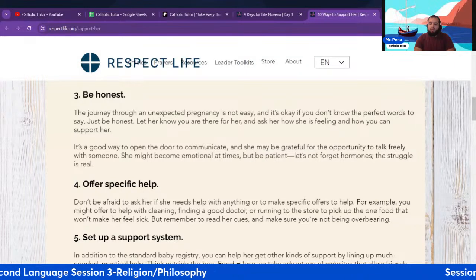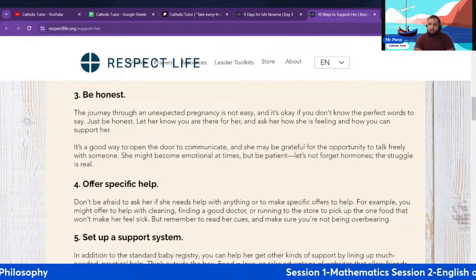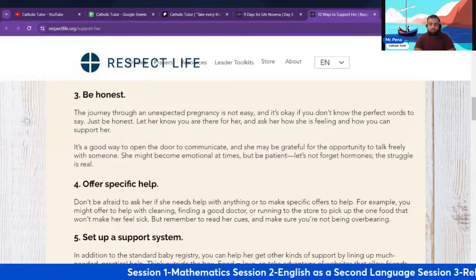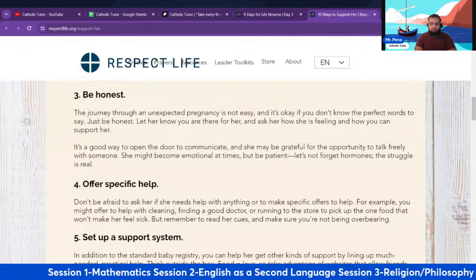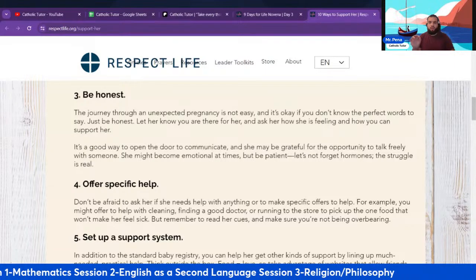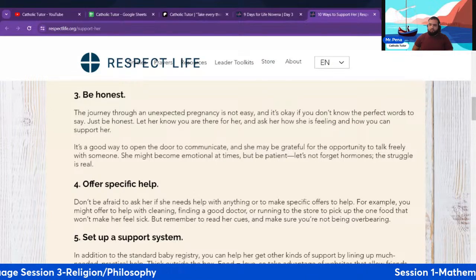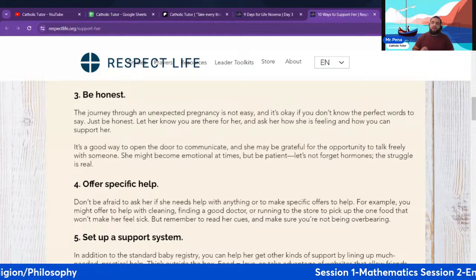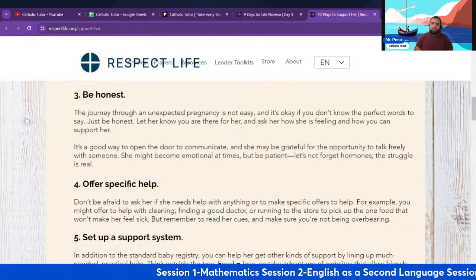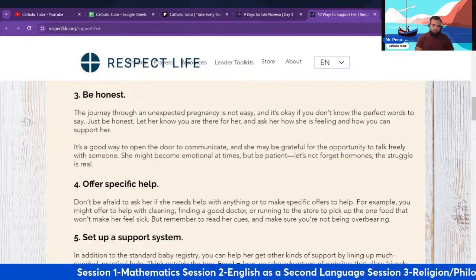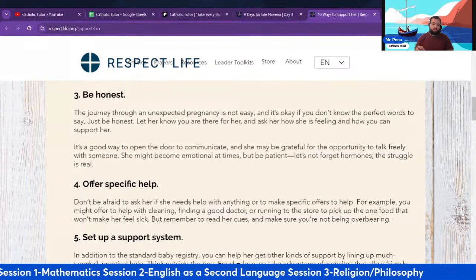It's a good way to open the door to communicate, and she may be grateful for the opportunity to talk freely with someone. She might become emotional at times, but be patient. Let's not forget hormones. The struggle is real.